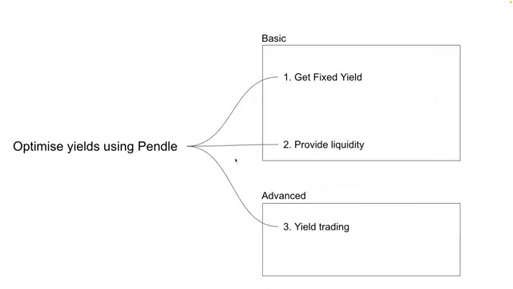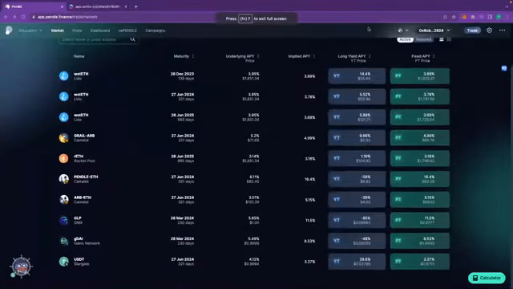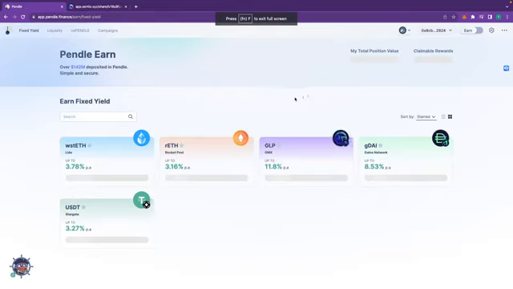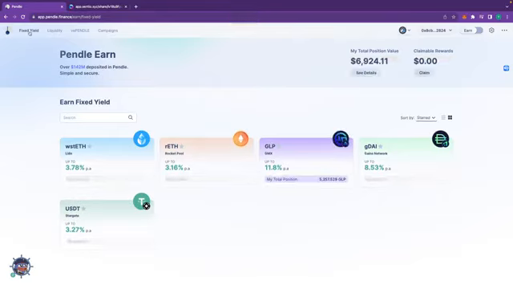The first way to optimize yield using Pendle is to get fixed yield, right? Very simple. You can just go to the earn page in Pendle, and you can already see the fixed yield that you can get on certain assets. For example, I can see that I can get 8.5% fixed yield on GDAI term right now from the GDAI pool in Pendle.